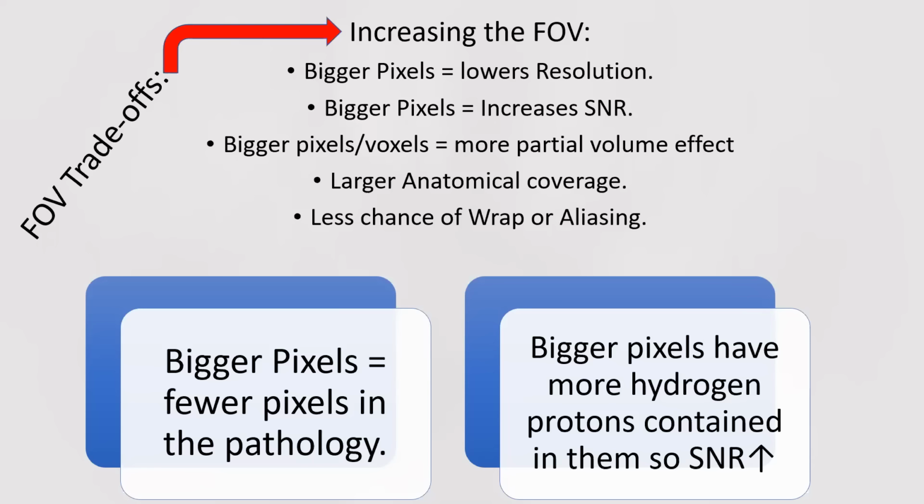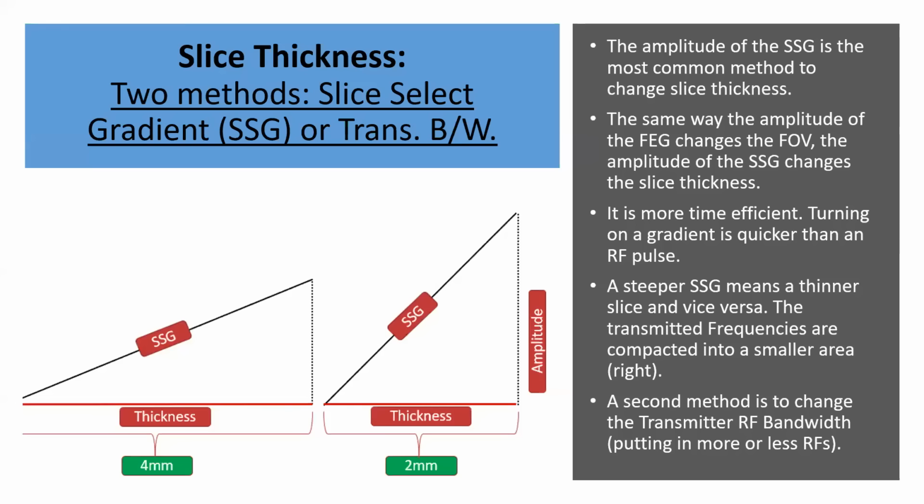That's going to happen when you've got big pixels. Whereas if you go to a smaller pixel, it's going to be a truer signal representation. That's partial volume. It's an averaging of all the signal intensities of all the tissues in that pixel or voxel. Okay, questions? No, I think that's good.